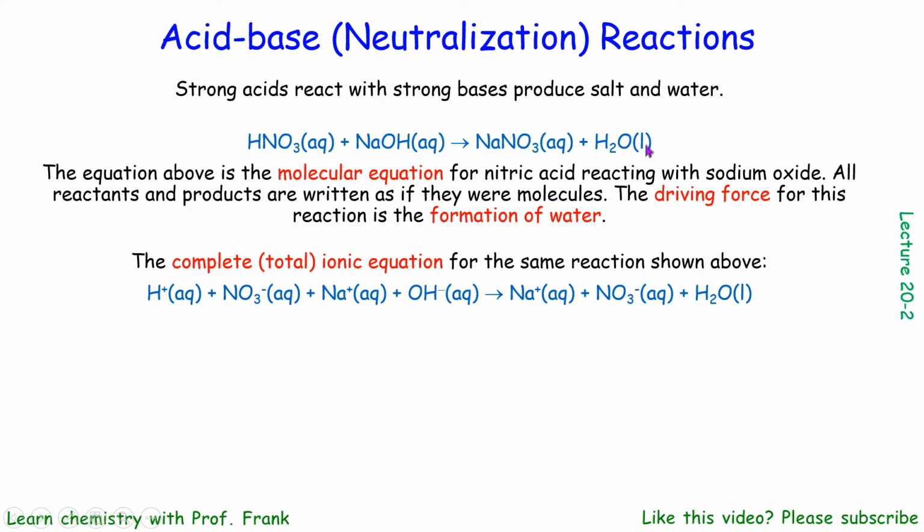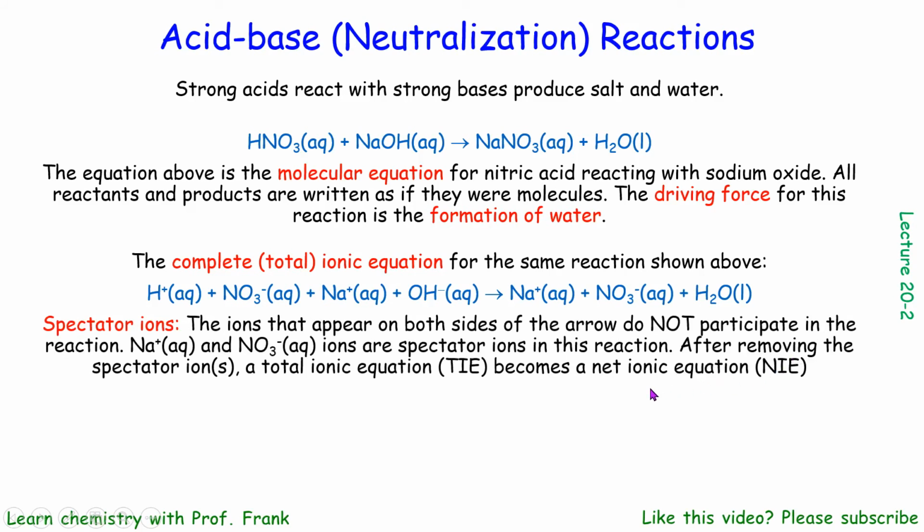Water, it stays together, okay? So it does not ionize. So therefore, this is the only one that does not break down into ions as the others. So this is called complete ionic equation or total ionic equation.